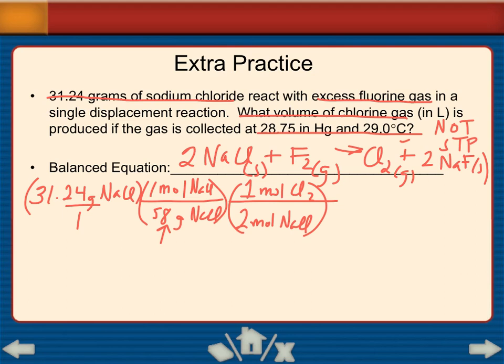So this again is stoichiometry using the molar ratio to relate the two. And if you go through, check your units, and do the math, you come out with 0.269 moles of chlorine gas. Okay, so that is going to be the n in the ideal gas law.